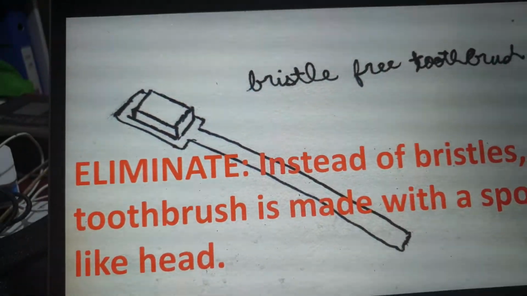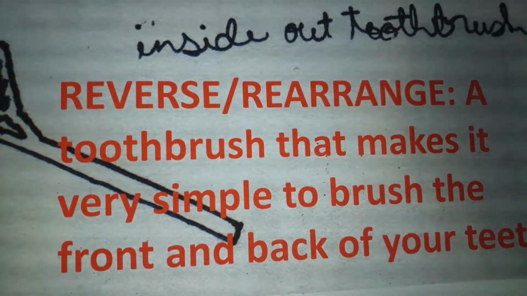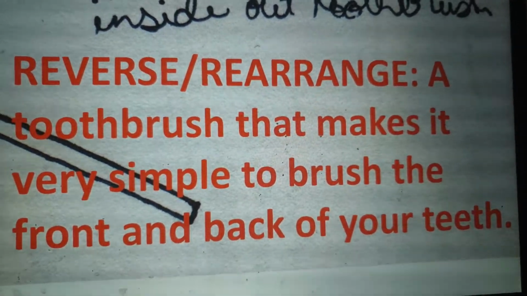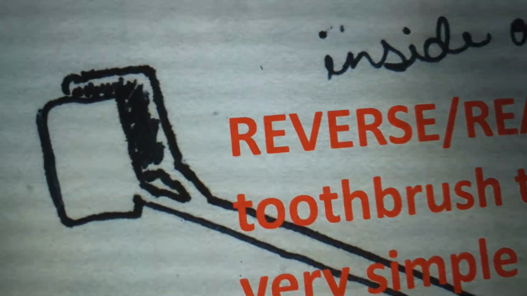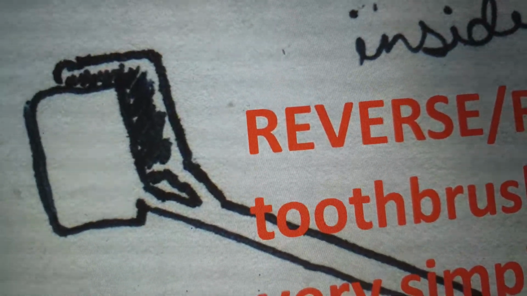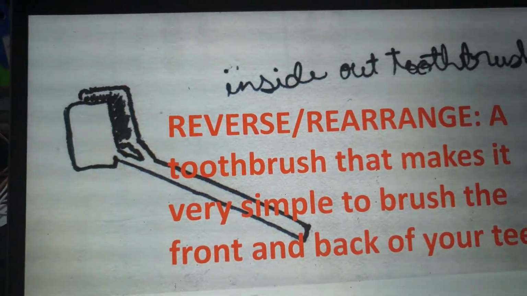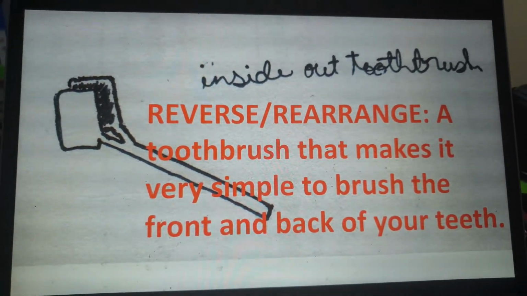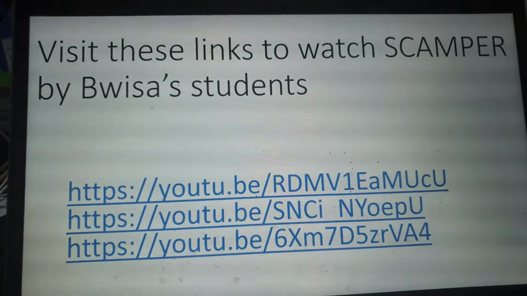Yes, we are doing Scamper. Reverse, rearrange: a toothbrush that makes it very simple to brush the front and back of the teeth. Look at it. So I found these as examples that you can go ahead and use to do your own job.